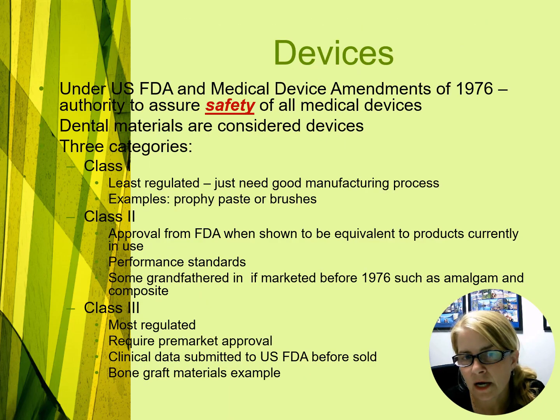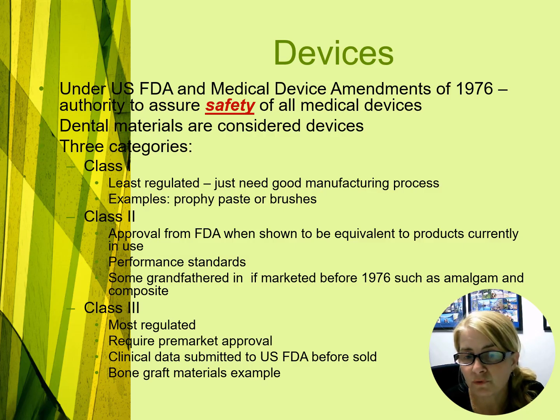Under the US FDA and Medical Device Amendment of 1976, the FDA has the authority to assure safety of all medical devices. So dental materials are considered devices, and there are 3 categories. Class 1 is the least regulated, just need a good manufacturing process. Prophy paste or toothbrushes fall under this category.